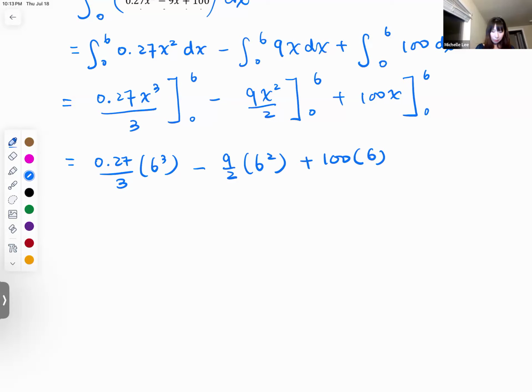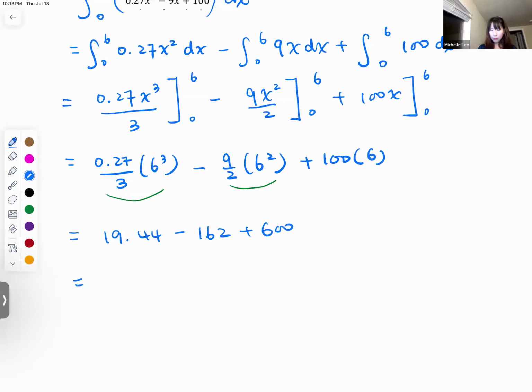The first term, I calculate, is 19.44. And the second term is minus 162. And the third term, we can see easily, is 600. All right.